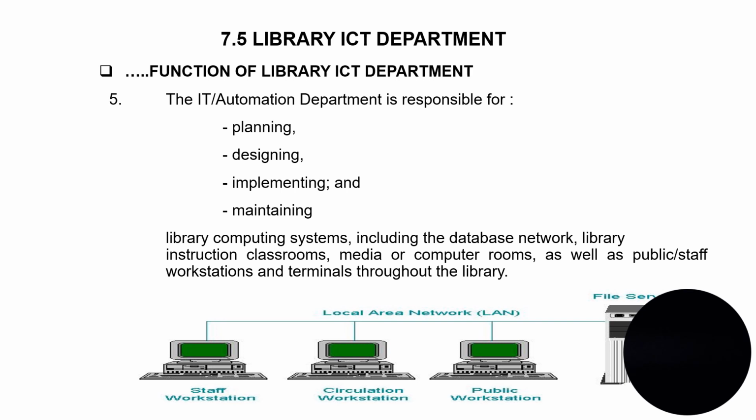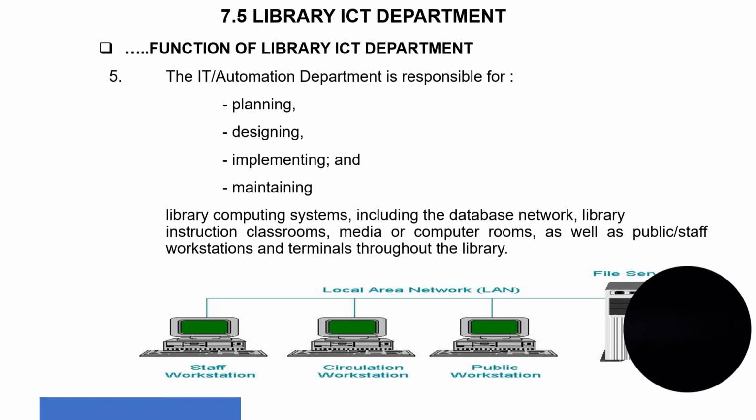They do all of this through the library computing system, including database network, library instruction classroom, media or computer rooms, as well as public or staff workstations and terminals throughout the library. So any IT application, any IT implementation, any IT execution in the library, the process of planning, designing, implementing and maintaining needs to be handled by this ICT department or automation department.